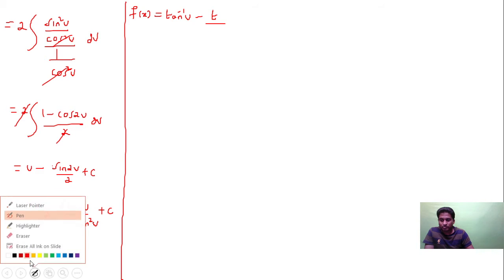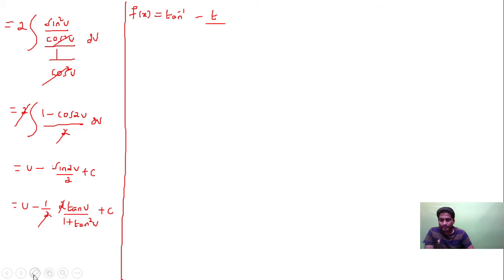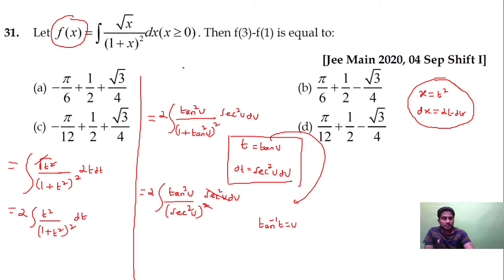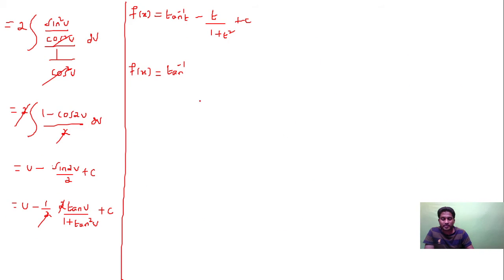So this is tan inverse of t minus t upon 1 + t², and then plus c. Now t is equal to root x, so t² is equal to x. So f(x) is equal to tan inverse of root x minus root x upon 1 + x, plus c.